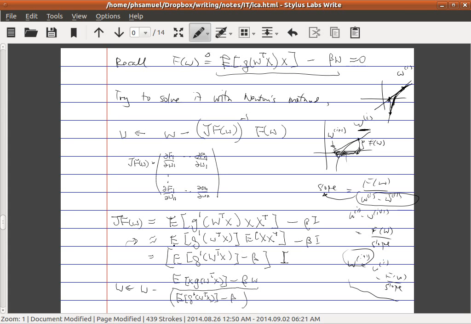This thing here, g prime, is a scalar, so we have the expectation of g prime minus beta, one scalar, multiplied by an identity matrix. And of course this is very easy to invert. The inverse is just equal to I over this scalar here. So therefore W will now be updated as W minus this F(w) over this value here.